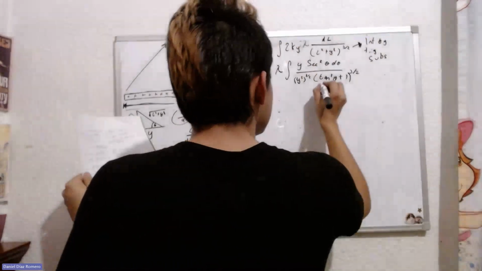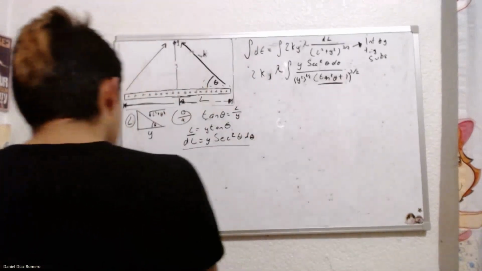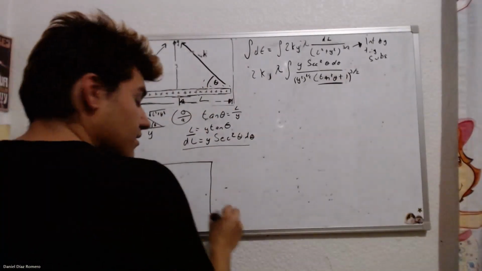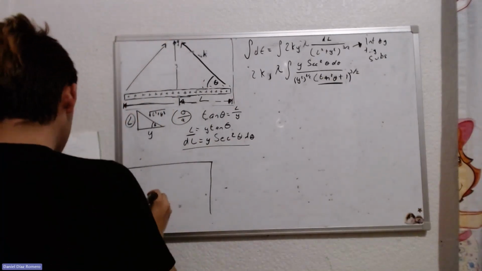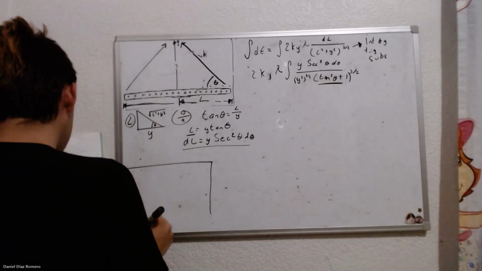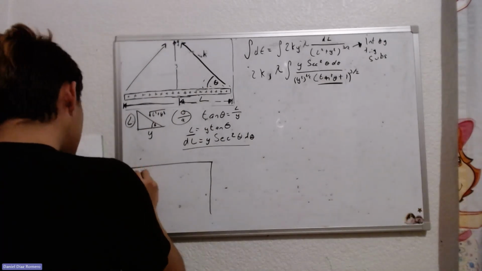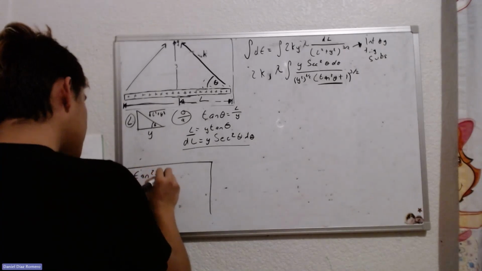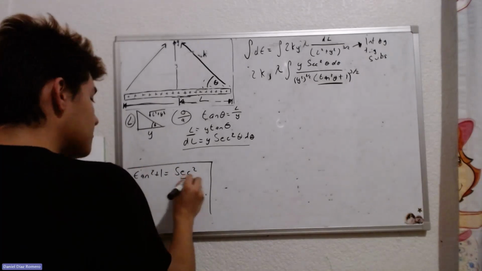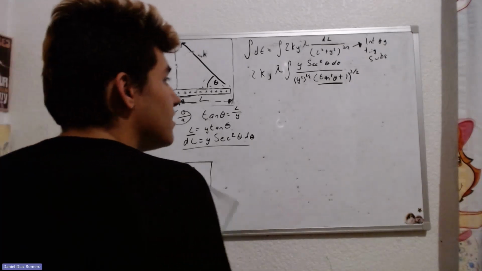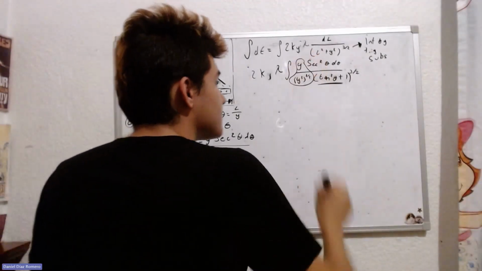And this right here is a Pythagorean function. So we know that tangent squared plus 1 is equal to secant squared. We're going to take advantage of that in the future. Also, as you may have noticed, here we can reduce terms.